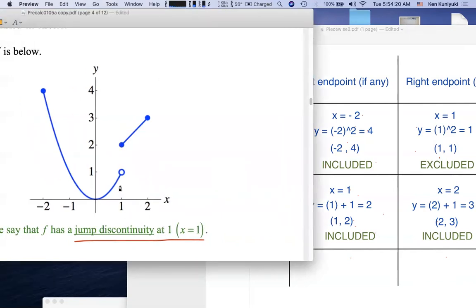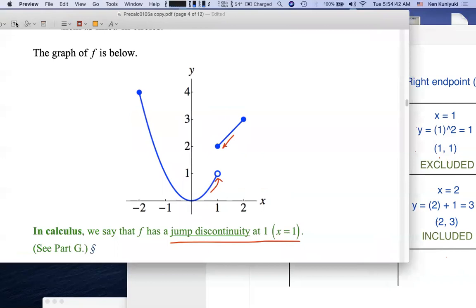Also in calculus, we would say that the function, as x approaches 1 from the left, approaches 1 in function value or y coordinate. That's the y coordinate of that endpoint. And from the right, the limit as x approaches 1 from the right is 2. The function values approach 2.